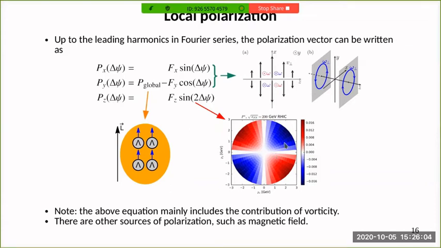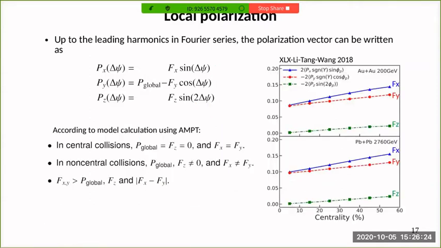This equation mainly includes the contribution of vorticity, but if there are other sources of polarization, such as magnetic field, maybe this equation should be modified. And we have studied the centrality dependence of the local polarization. Using the AMPT model, we calculate how large F_x, F_y, and F_z are.